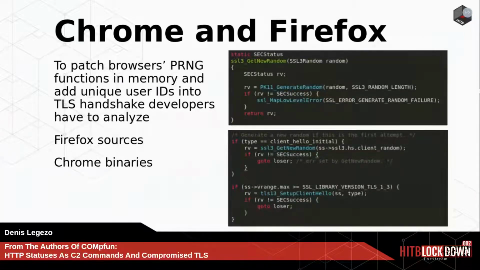When I took a look at the size of the Chrome library, I decided to analyze the Firefox source code, and a function like get new random, or this random number generator, ends up in the SSL3 part of the code, and is in charge of creating this client hello field. So perfect decision to mark the session. First of all, it's in the very beginning of the TLS session. Second, you don't touch the traffic, just fetch something in the process memory.